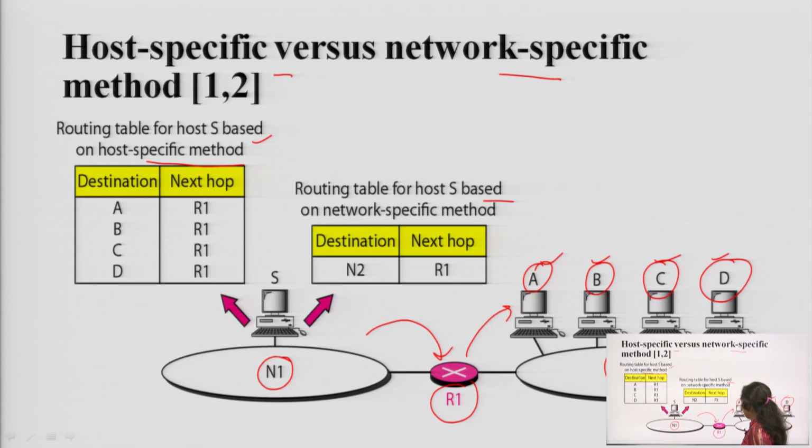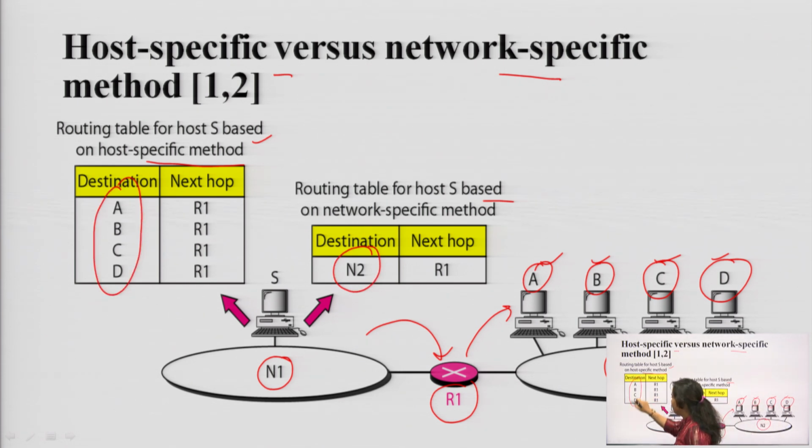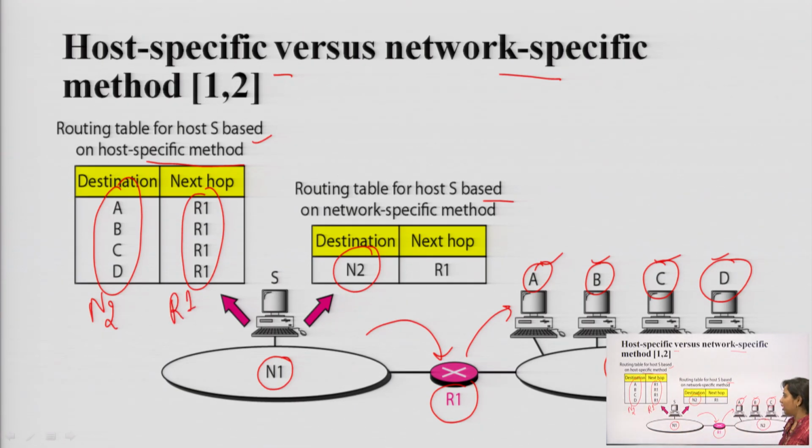If I am considering the network specific, then I have to mention the destination which is N2. So, you can see that this has been replaced by N2, because all the 4 devices are connected to the second network only. So, I can consider the destination as N2. In this case the next hop is also reduced, replaced by R1, because the next hop for all the 4 cases will be R1.